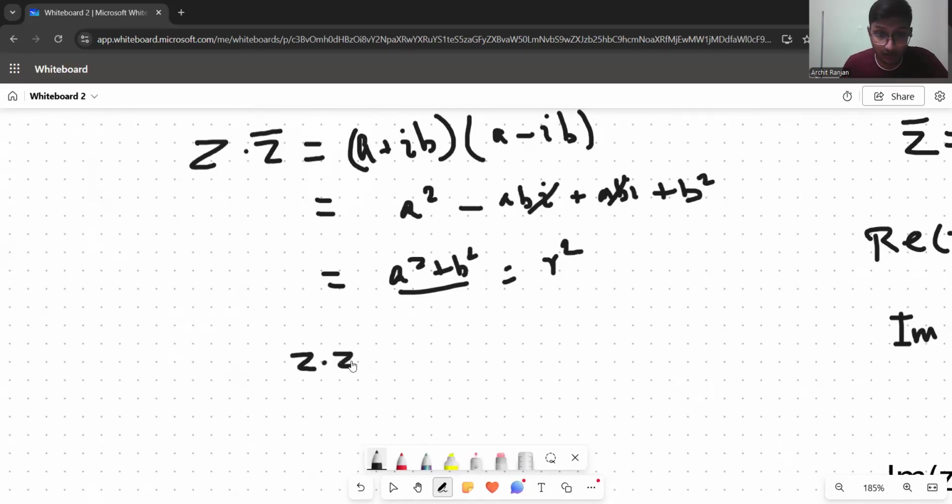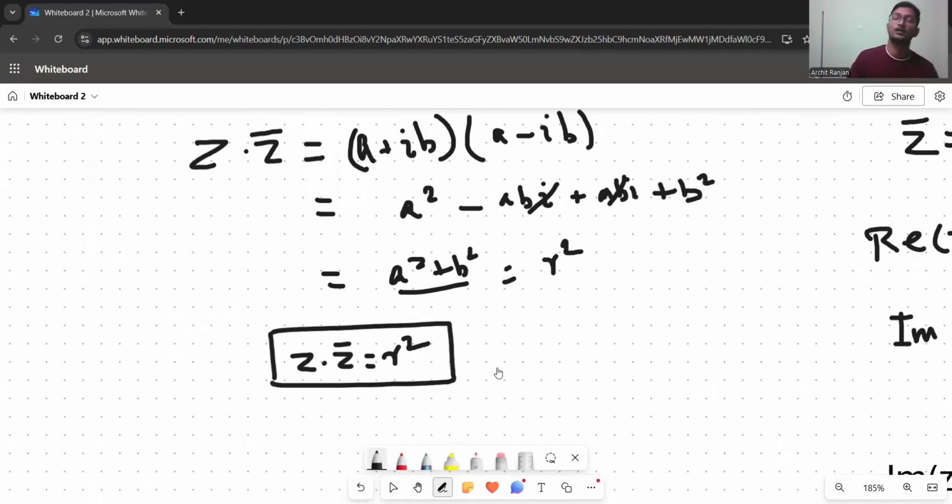So z into z bar is r square. Pretty important. Fine. So I think I have so far covered most of the general topics of complex numbers regarding their conjugates, their addition, multiplication, subtraction also.